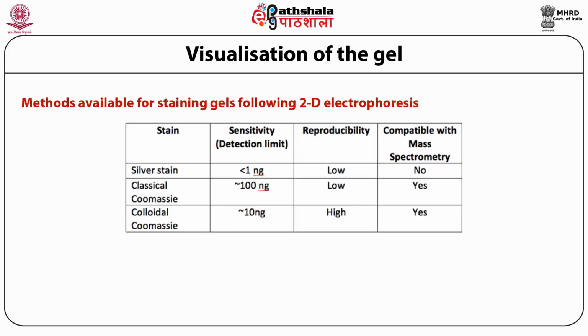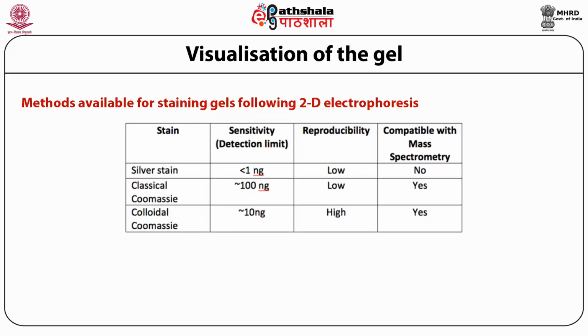Each technique has its own limits of sensitivity and detection. While silver stain can detect protein even to the extent of 1 nanogram, classical Coomassie detects protein in the 100 nanogram range, and colloidal Coomassie detects protein in the concentration of 10 nanogram.